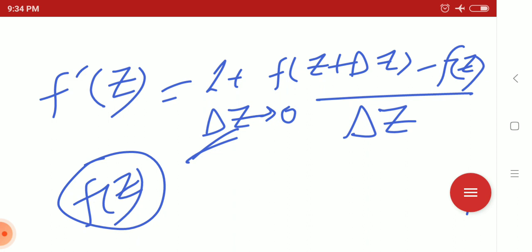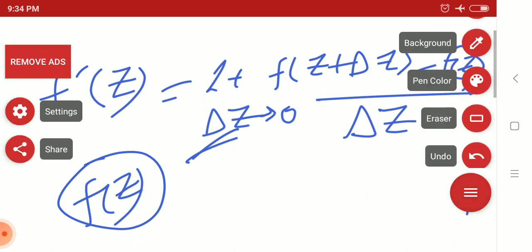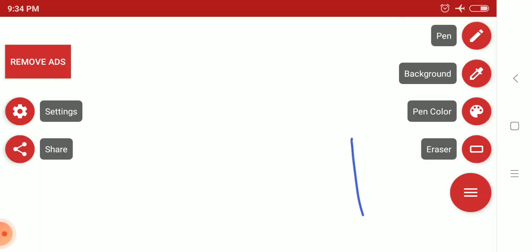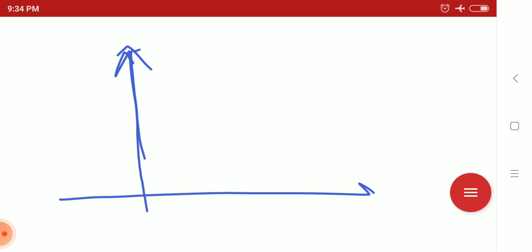So how can you represent the differentiability of a complex function in an Argand plane? Let's write that. Suppose we have a complex Argand plane, and suppose the limiting value is z0. Suppose you are approaching in such a way, z0 plus delta z.